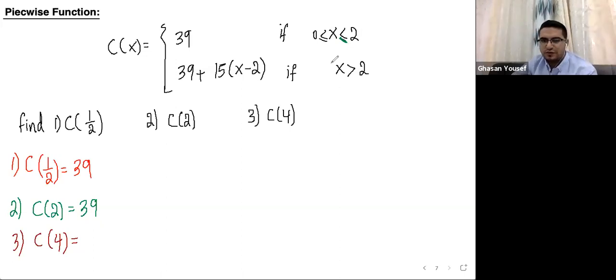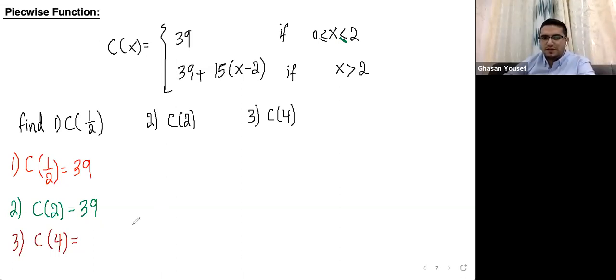So which function do we have to use, the first one or the second one?